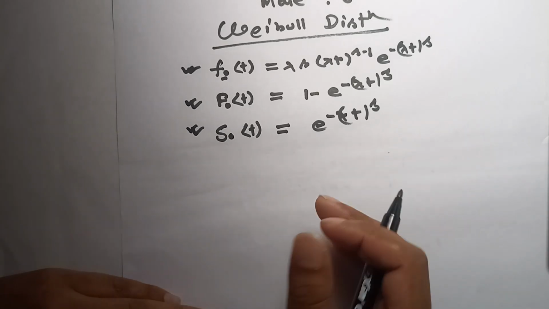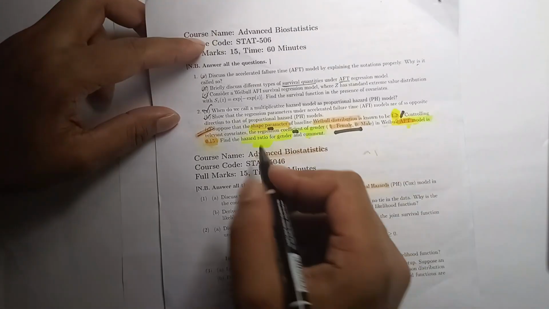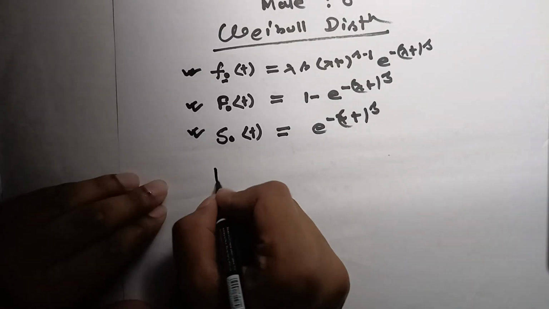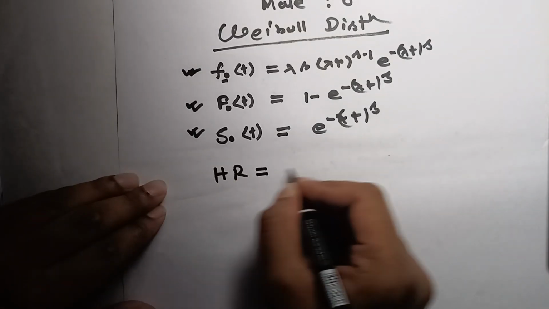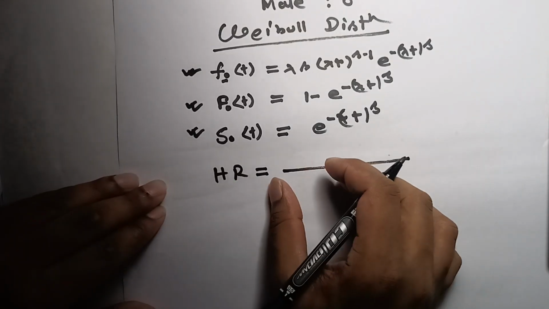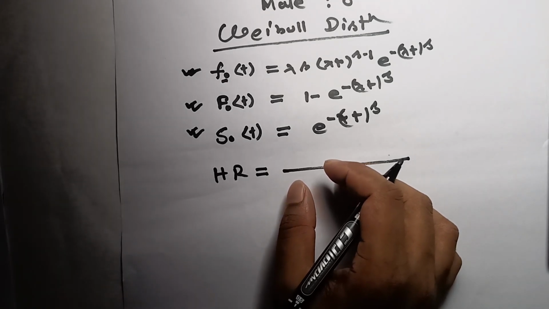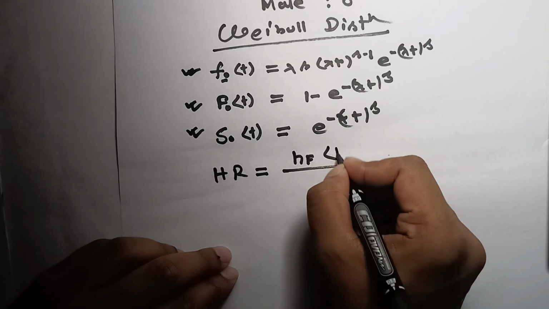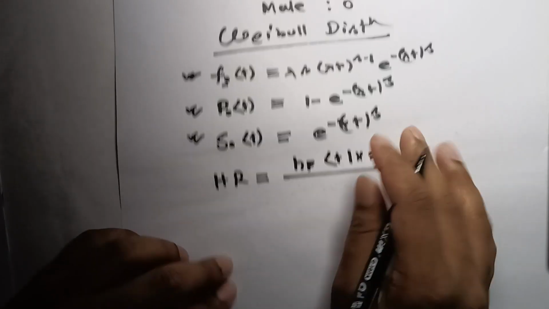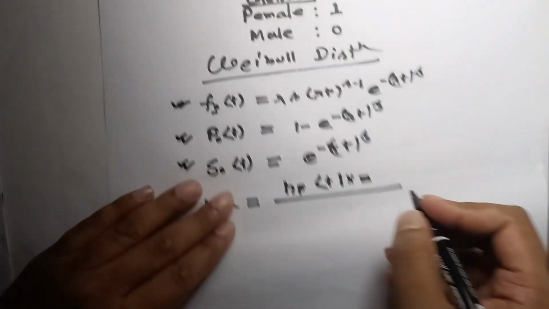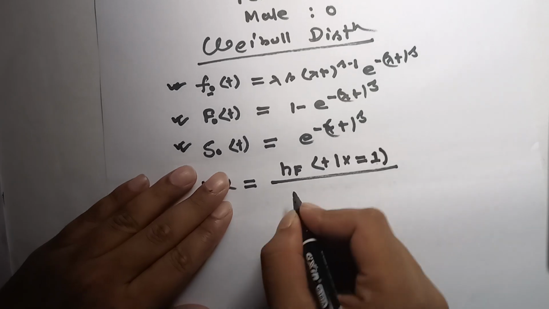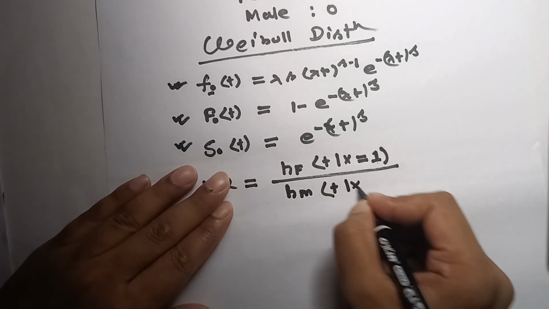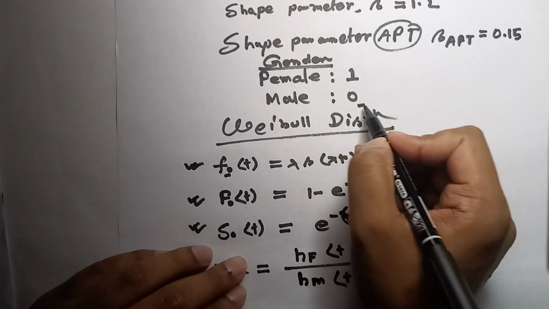Now, what we have to find, our major objective, is the hazard ratio. So what is the hazard ratio? It is actually two hazards: first, H of female of t given X, where the value for female is 1, over the denominator, H of male given t, where X is equal to 0.